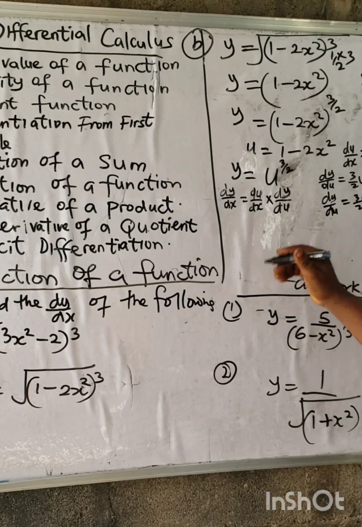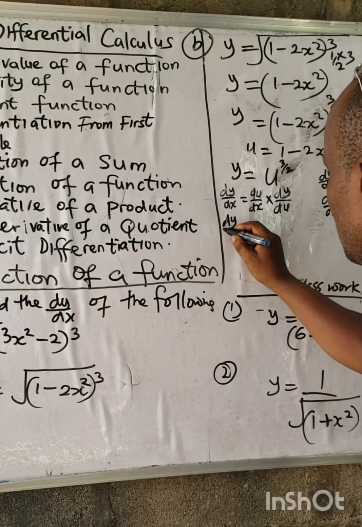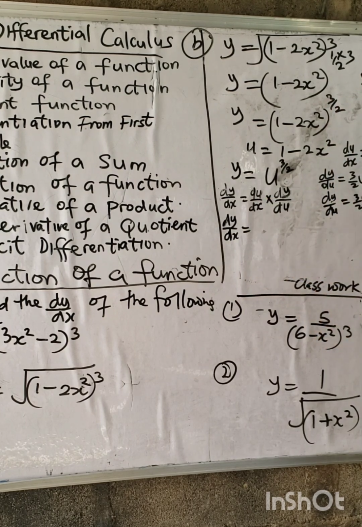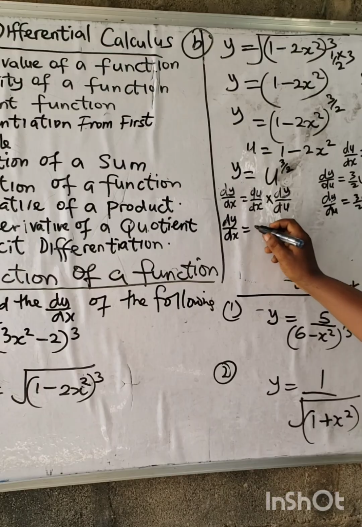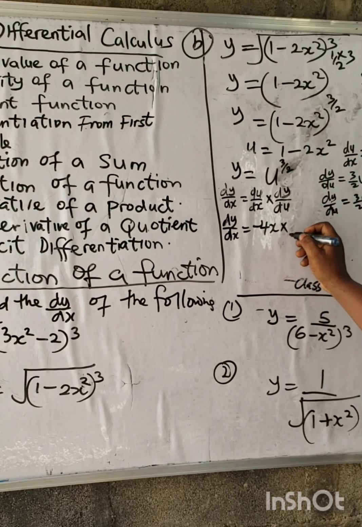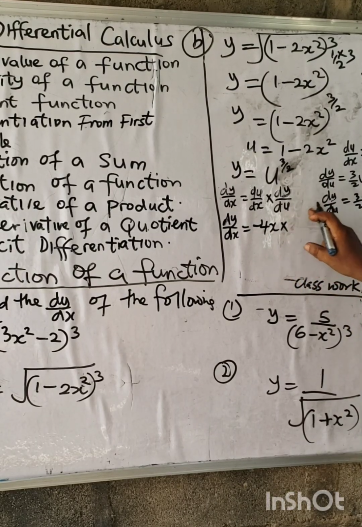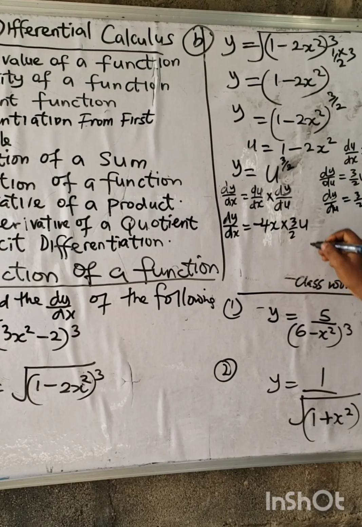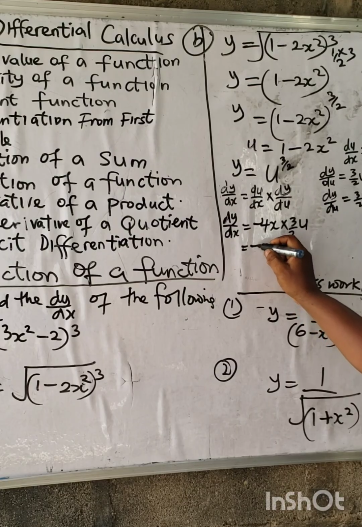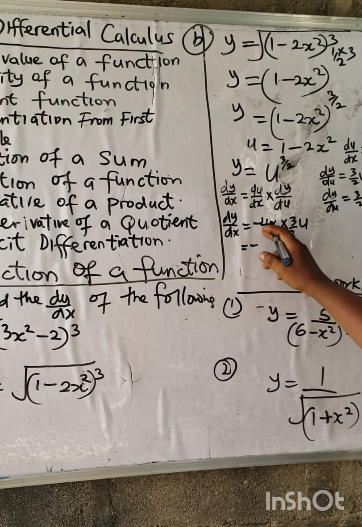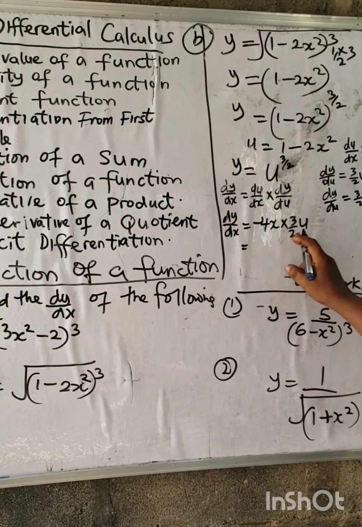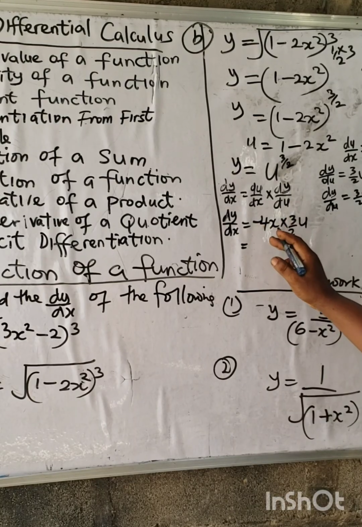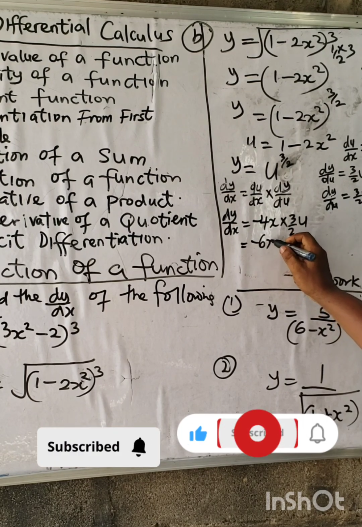Now here let us put into the formula. dy/ds equals du/ds, which is minus 4s, multiplied by dy/du, which is 3 over 2 u. Therefore, the 2 will cancel into 4, giving 2. 2 times 3, that's minus 6s.